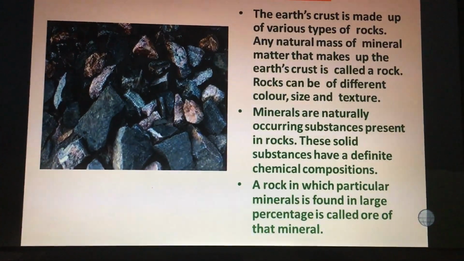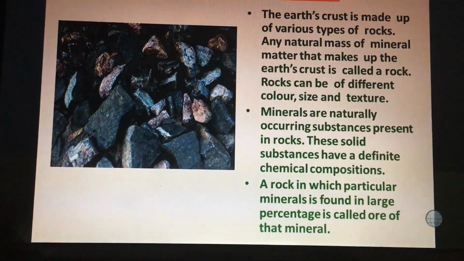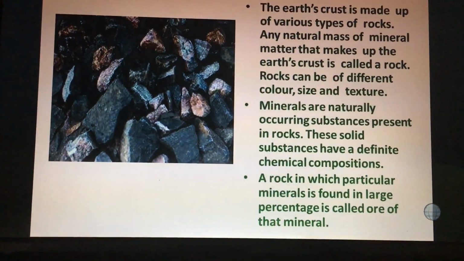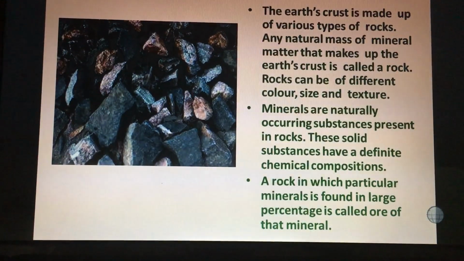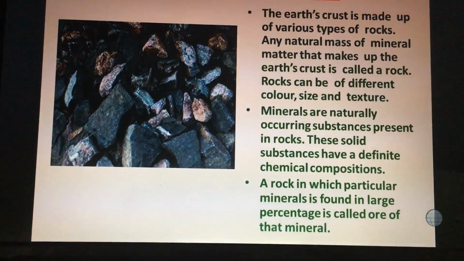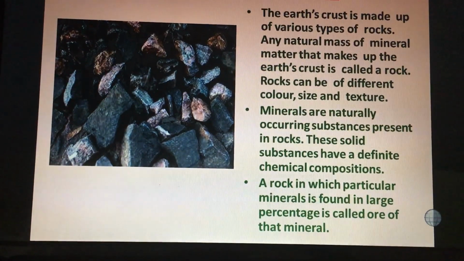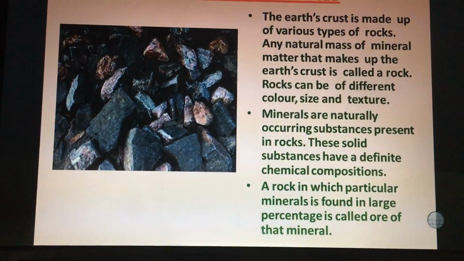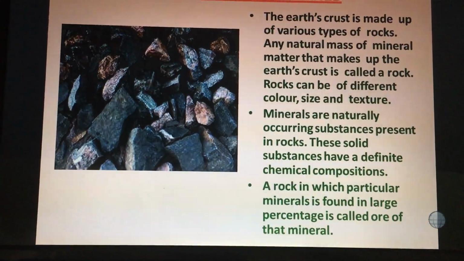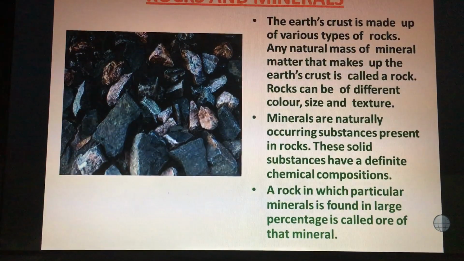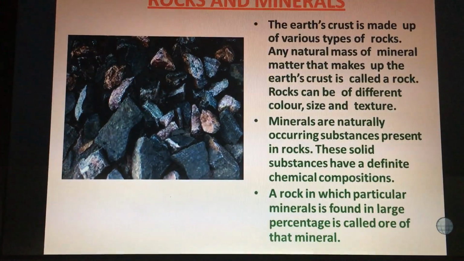These solid substances have a definite chemical composition as well. A rock in which a particular mineral is found in large percentage is called ore of that mineral. So ores are very important as mostly mining is done in those areas where ores occur.